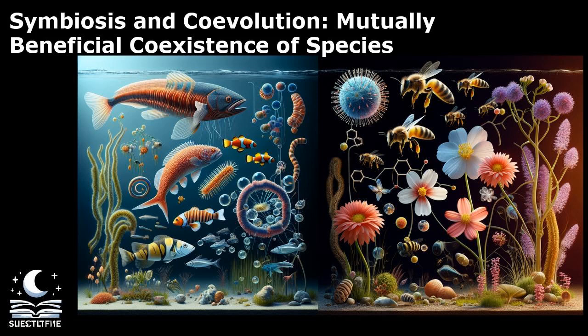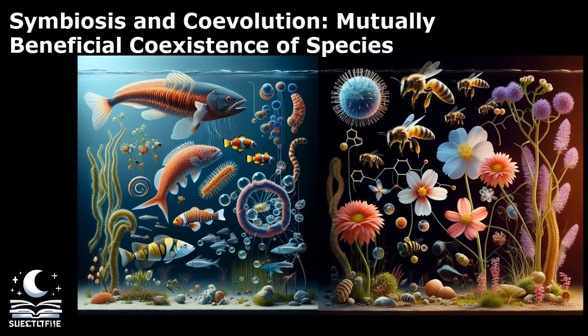These examples of coevolutionary relationships highlight the dynamic and complex interactions that drive evolutionary change in the natural world. By studying these relationships, scientists gain insights into the mechanisms of adaptation, speciation, and ecological dynamics that shape the diversity of life on Earth.